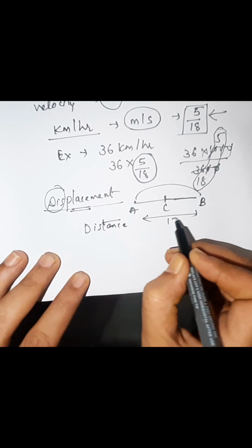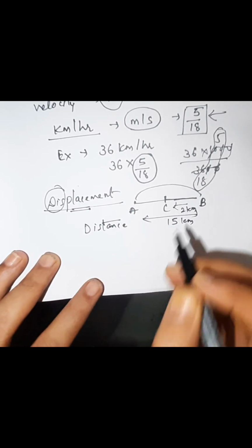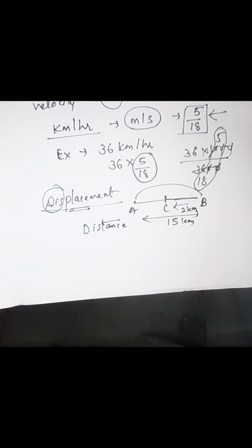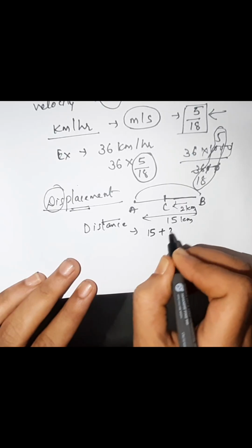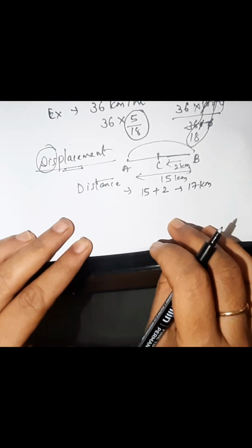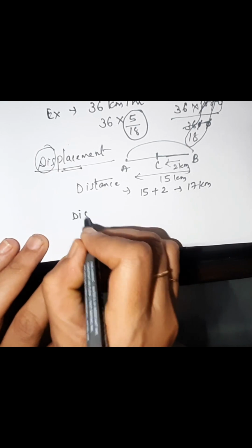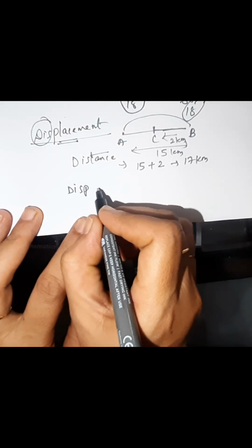If A to B is 15 kilometer and B to C is 2 kilometer, then distance will be the total path, which is 15 plus 2, 17 kilometer, whereas displacement, as I told, is the shortest distance.